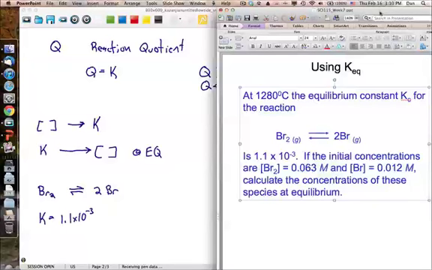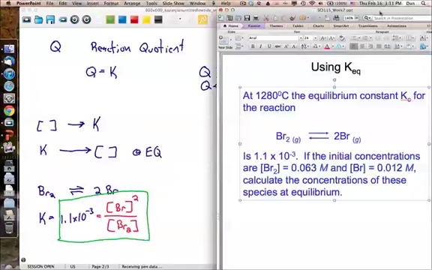Additionally, from our knowledge of what an equilibrium constant is, we can generate a form of this equilibrium constant related to the concentrations, where it's Br squared, all divided by Br2, raised to its respective power, which in this case is 1. So these two bits of information together, we can relate to concentrations.